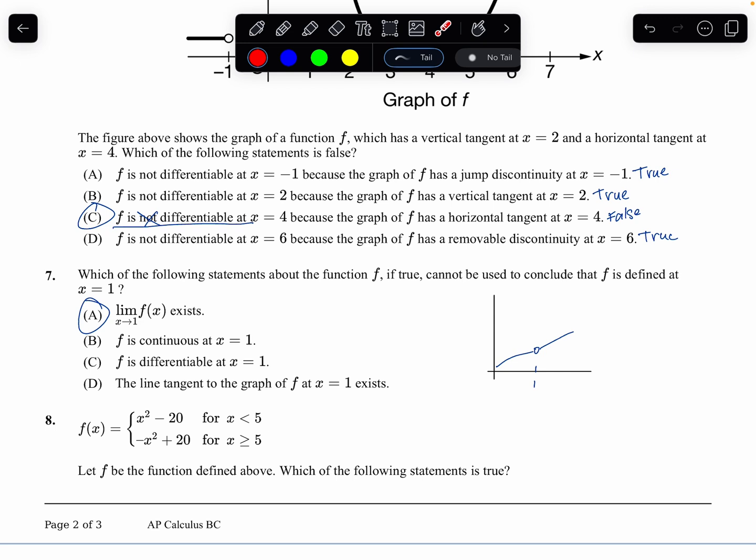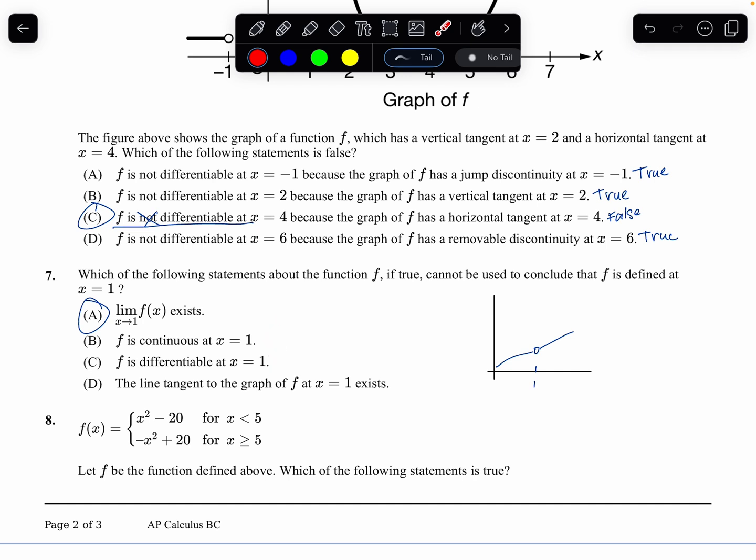If you're continuous, then the slope from the left and the slope from the right have to be the same, but you also have to be defined at the same point. So if we're continuous, we're defined there. Differentiability is stronger than continuity, meaning that if we are differentiable at x equals 1, we're also continuous at x equals 1, which means we're defined at x equals 1. So we could use those.